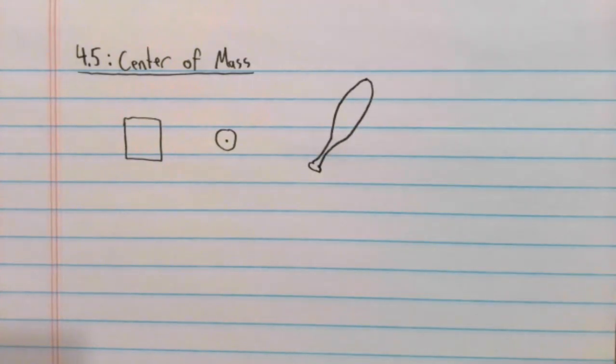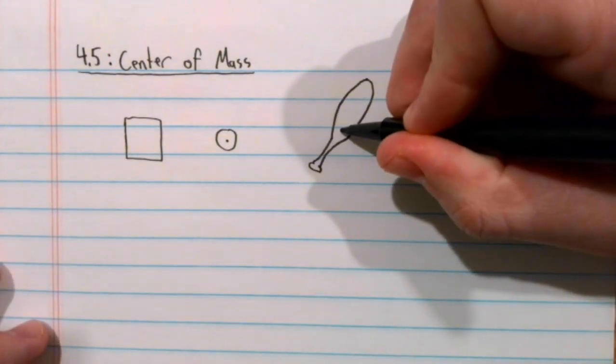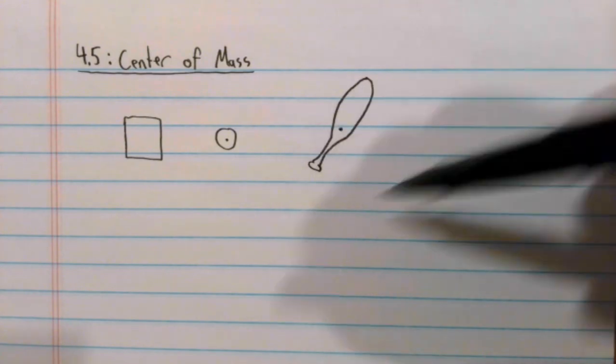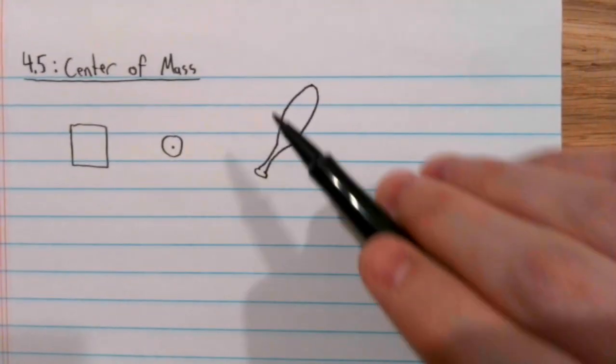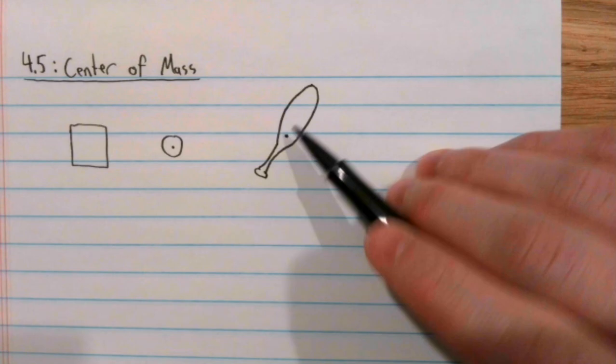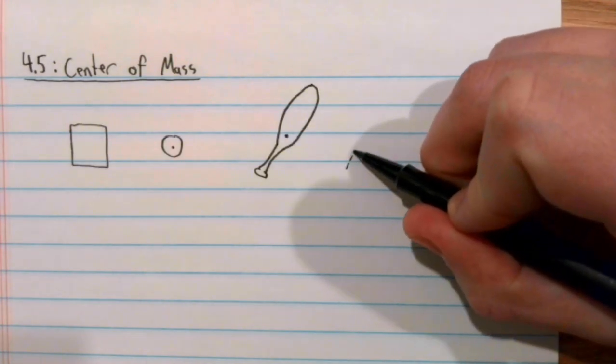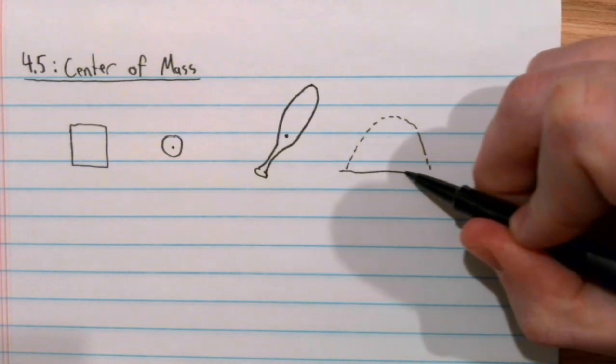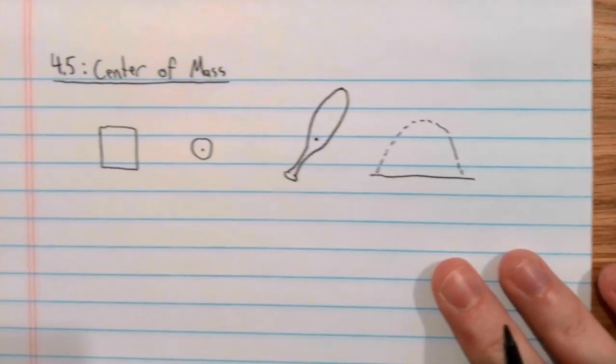So by finding the center of mass of this object, we can predict how that bat is going to move. So as this bat is twirling, moving through the air, I can still track this dot to move in the parabolic shape. So that's the first application of center of mass.